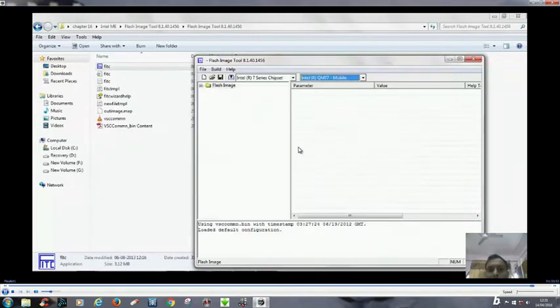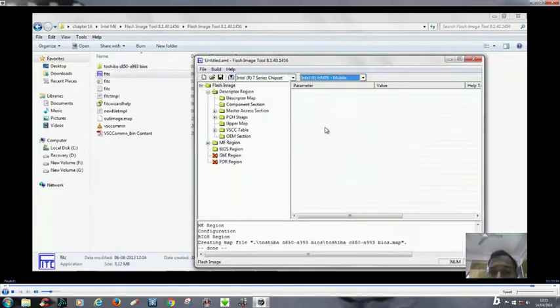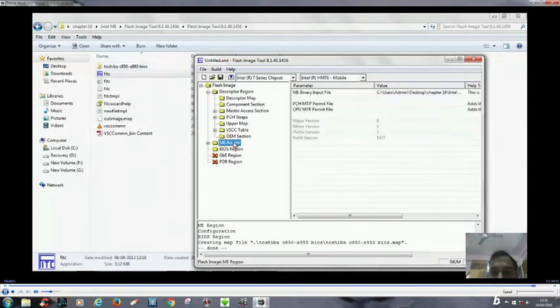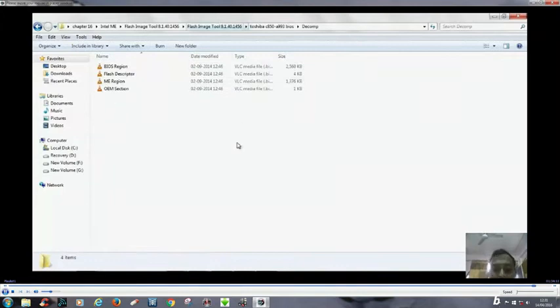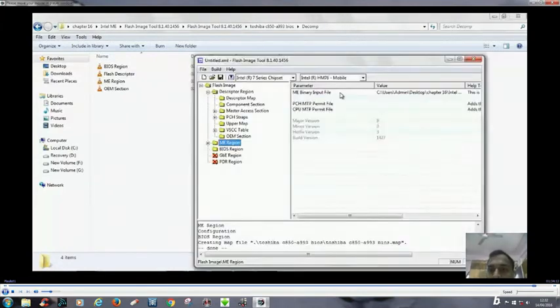Yes, you just open Toshiba C850. Now this Toshiba C850 has been disassembled, and you can see a Toshiba C850 folder has been created, and inside this folder you will find all the regions to be extracted, right?